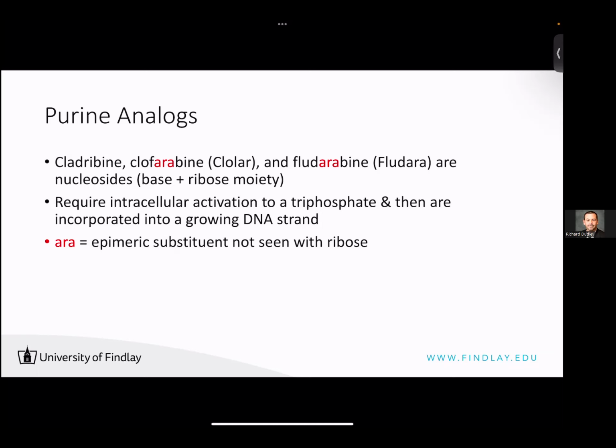They can cause instability in the double helix, and they can lead to the DNA strand coming apart and breaking apart. They can also competitively inhibit the polymerase enzyme. And if you have a high enough concentration of your purine nucleotide triphosphate analog, it will competitively inhibit DNA polymerase.